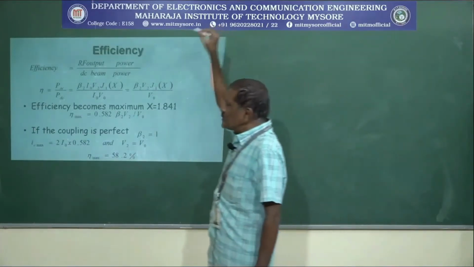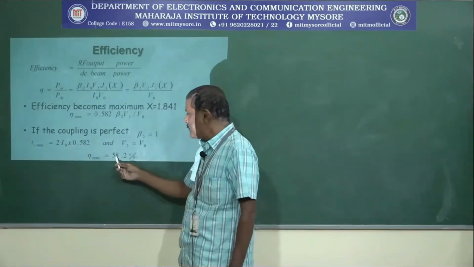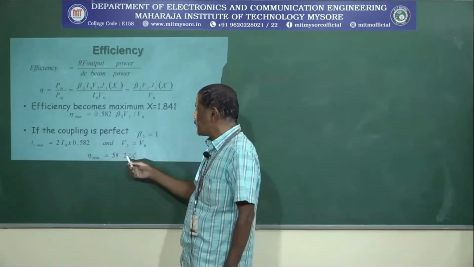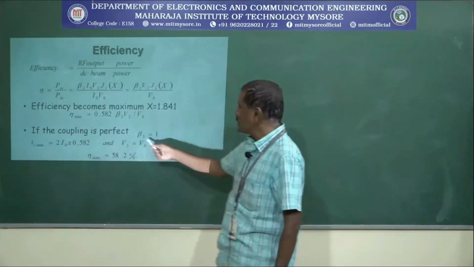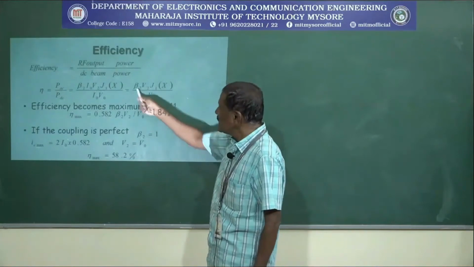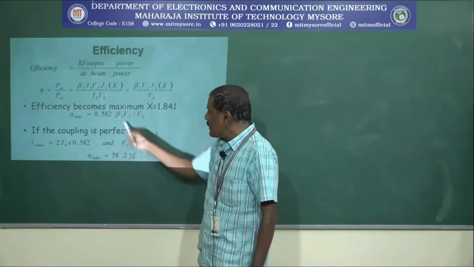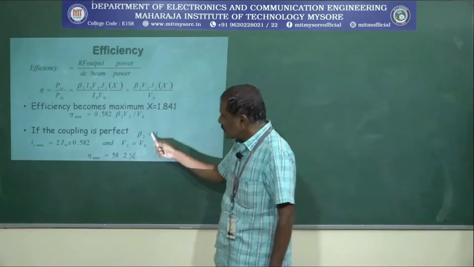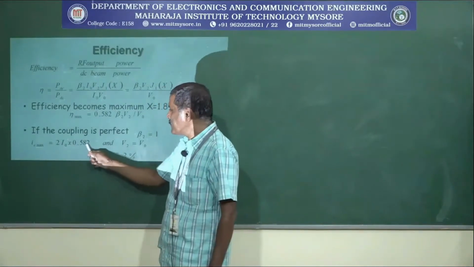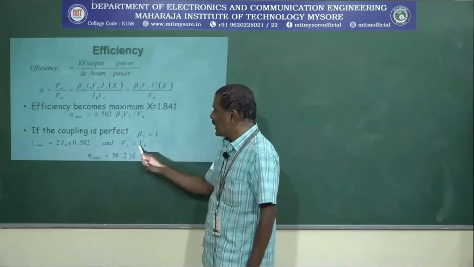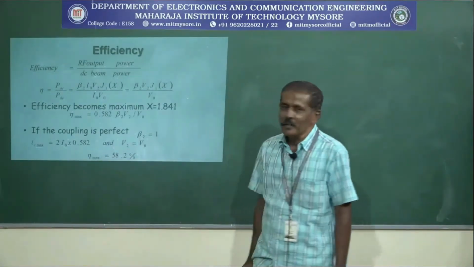That means this two cavity klystron amplifier has a maximum efficiency of 58.2% if the coupling is perfect, that is if the beta 2 value is equal to 1, in this equation or in this equation. Here, if beta 2 equals 1, then the current is 2 I0 into 0.582, and at that time V0 equals V2, so the efficiency is going to be 58.2%.